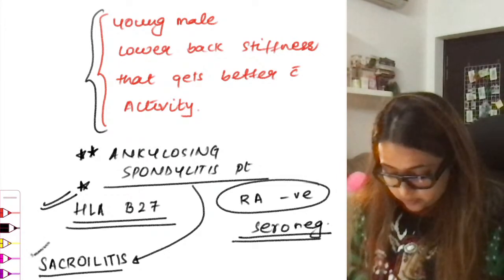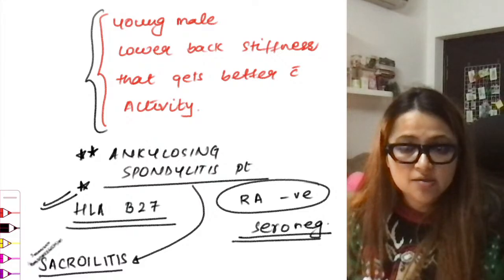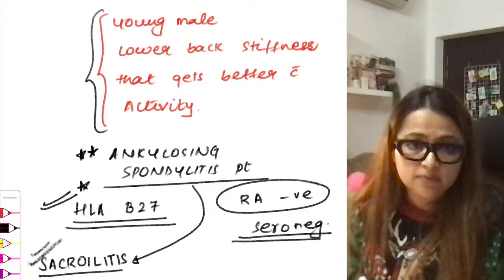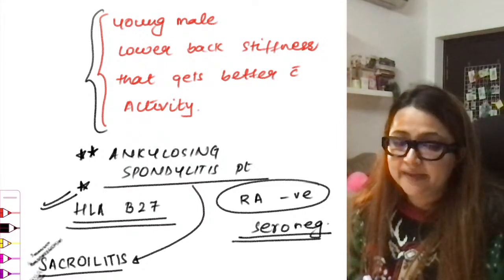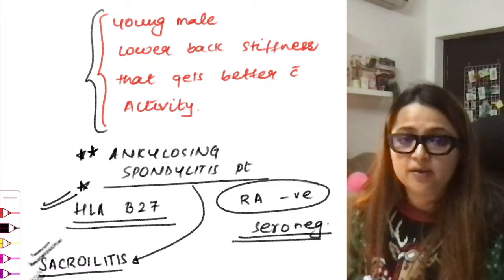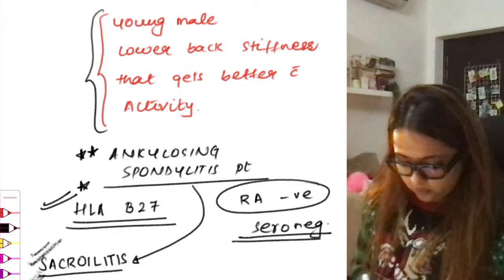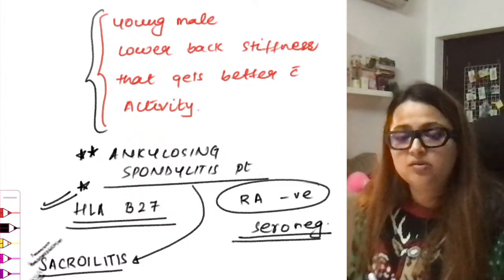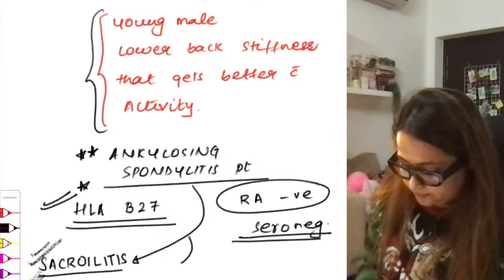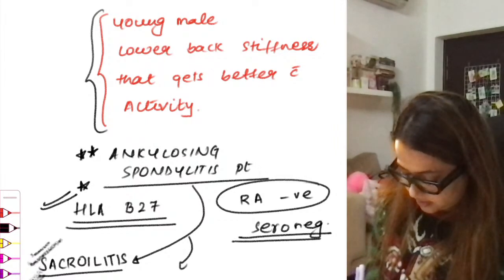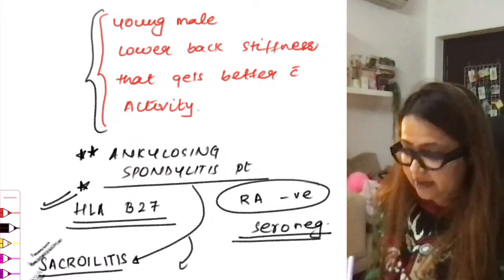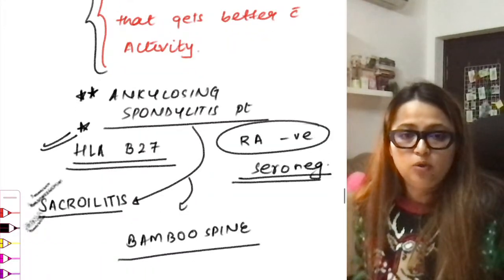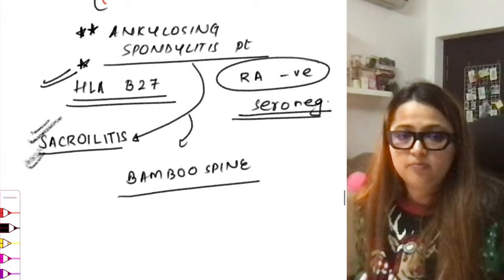You should always be able to document sacroiliitis either on X-ray or on MR. If sacroiliitis is not there, the likelihood of ankylosing spondylitis is very low. Then we have bamboo spine: there is bony ankylosis in the vertebrae, and this gives the appearance of a bamboo spine.